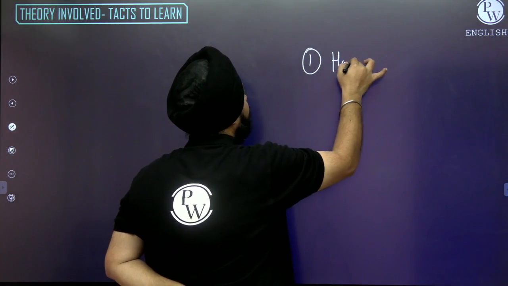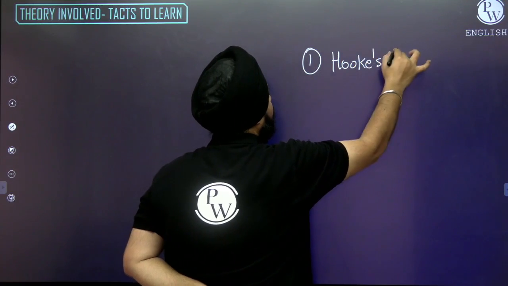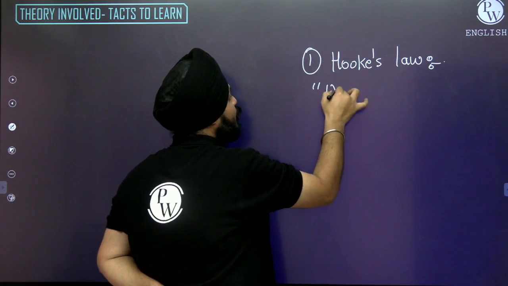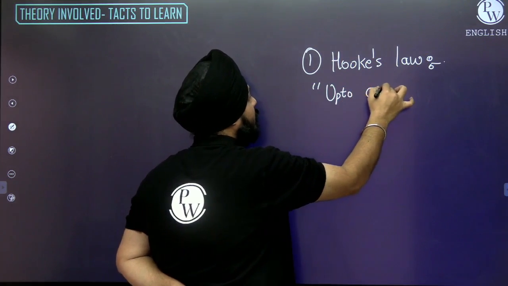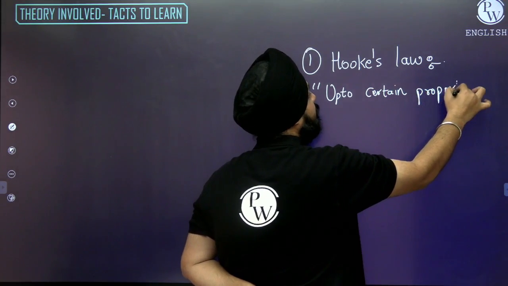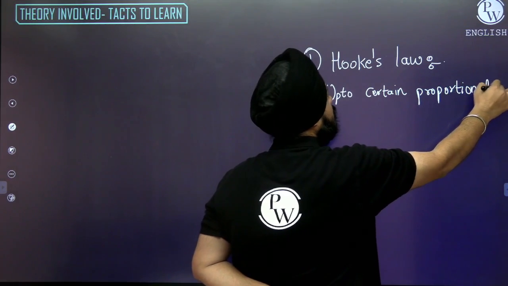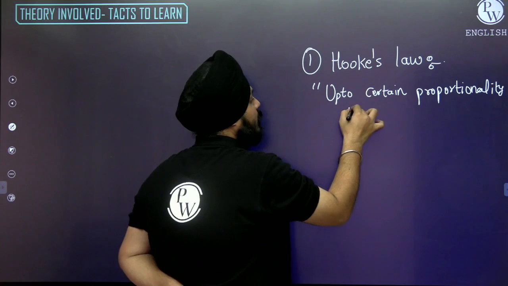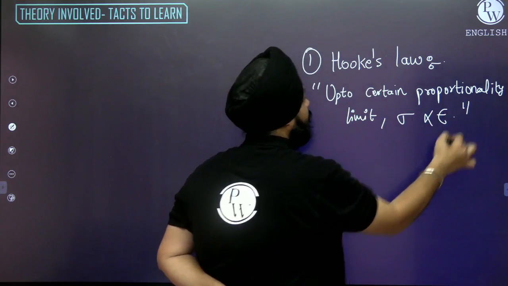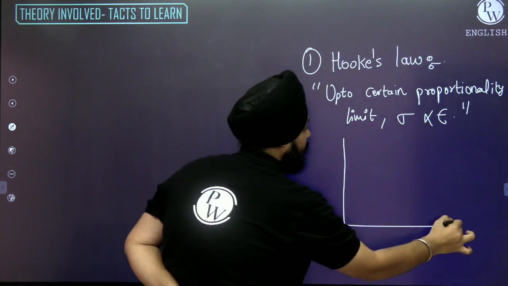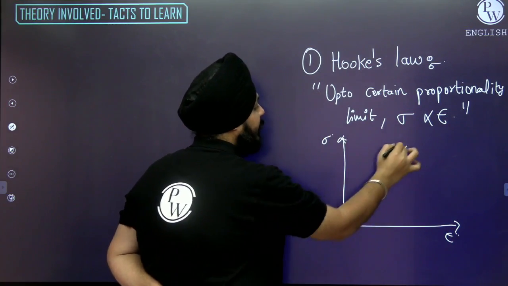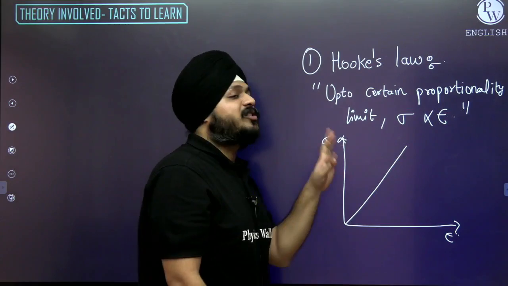It is a very simple thing. Up to a certain proportionality limit, stress is directly proportional to strain. It means the stress versus strain graph up to the proportionality limit is theoretically taken as a straight line, though practically it is not exactly straight.